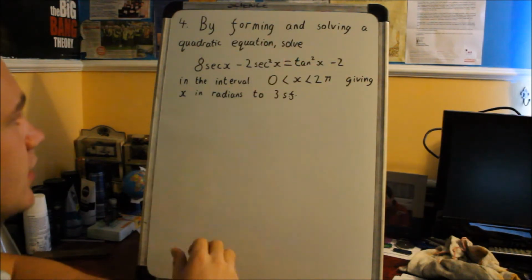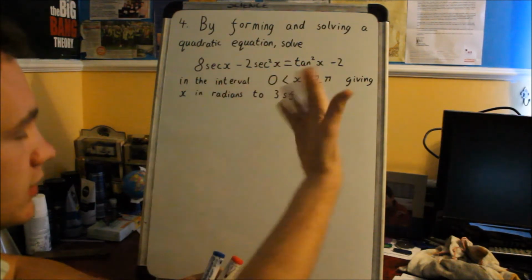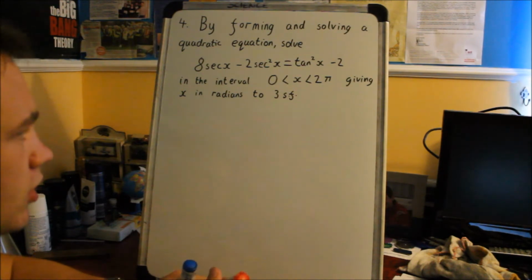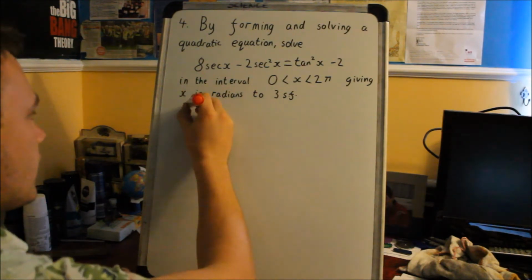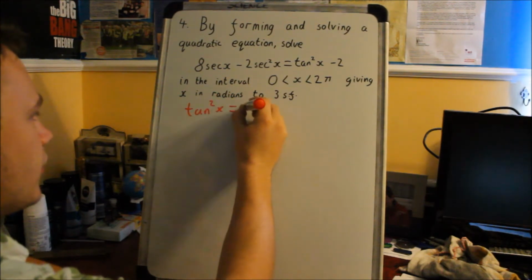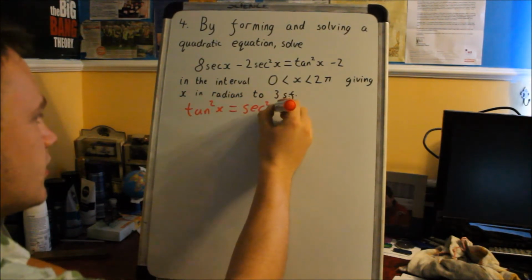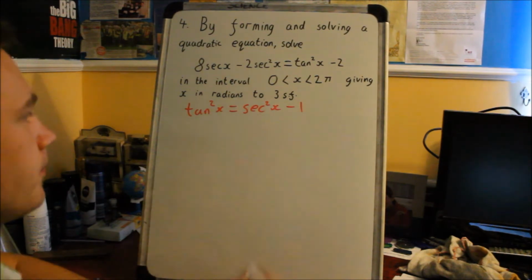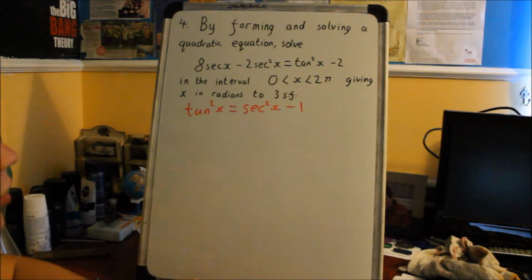That would make it easier than converting both into tan. I'm going to use the relationship tan squared x = sec squared x minus 1. That's a relationship you should know.